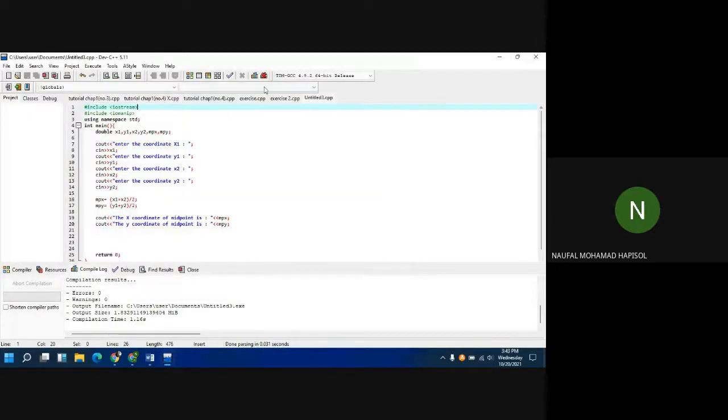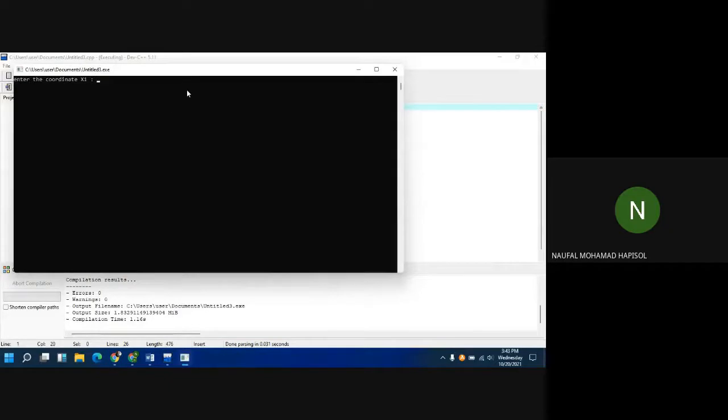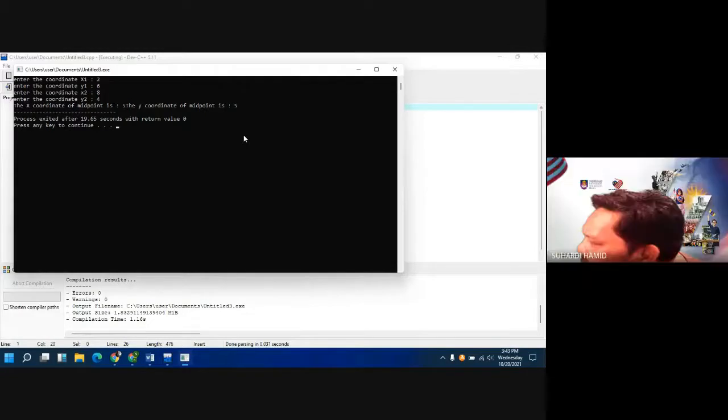Enter. The coordinate from 8 plus 2, 6, 4, yes, 5, 5.